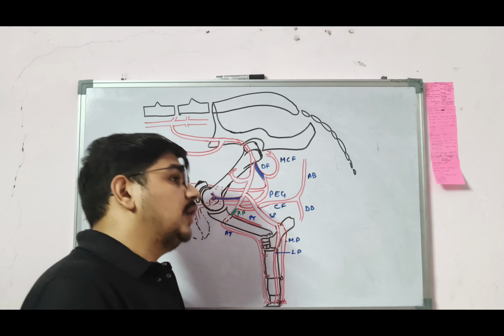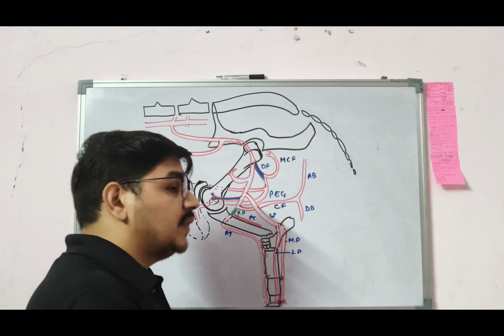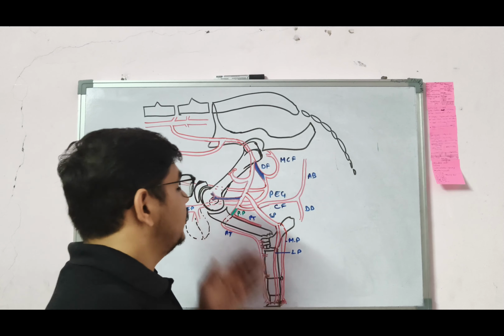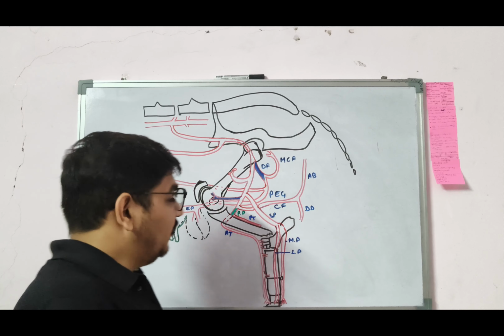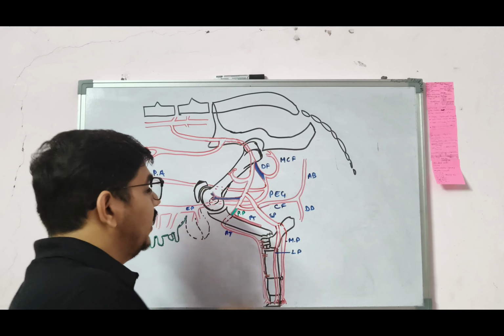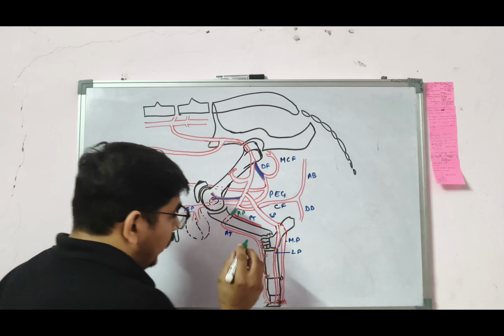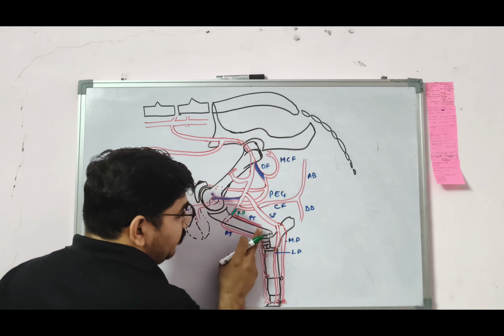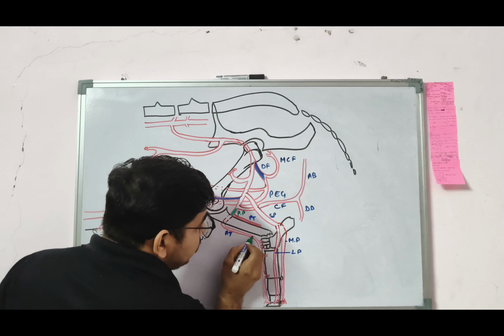If you are able to guess, the names are gastrocnemius, soleus, and different types of muscles present at the posterior aspect of the tibia. It supplies them.